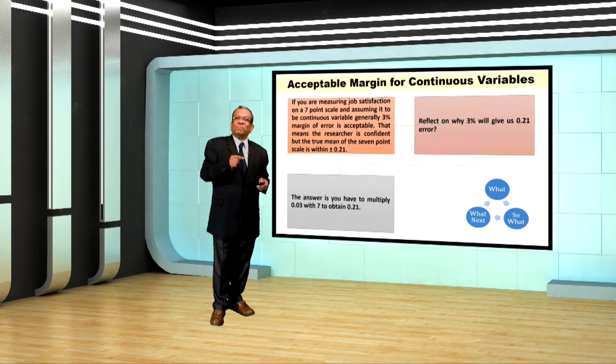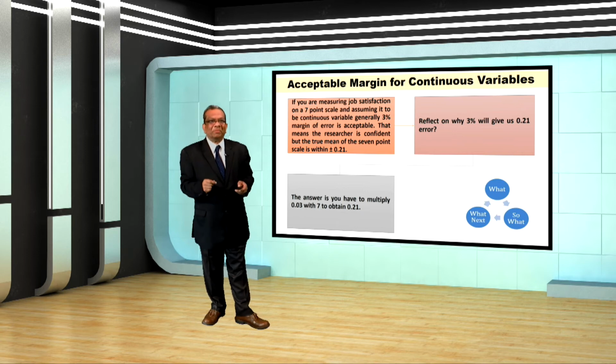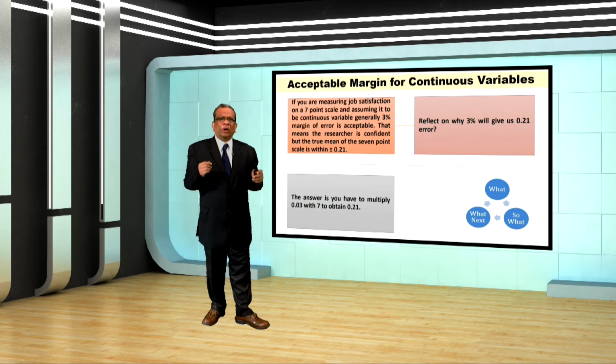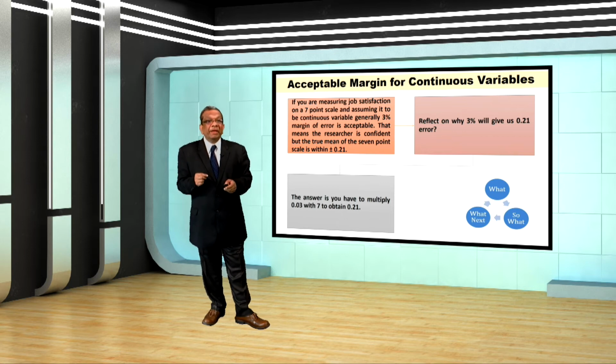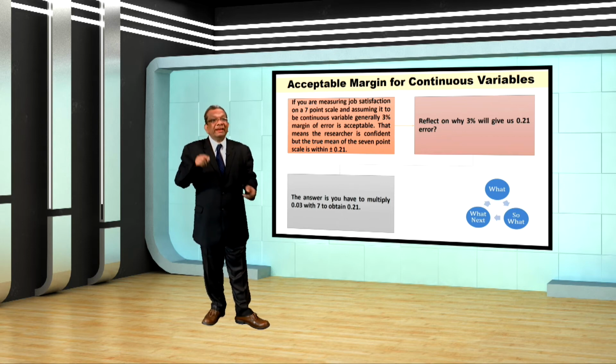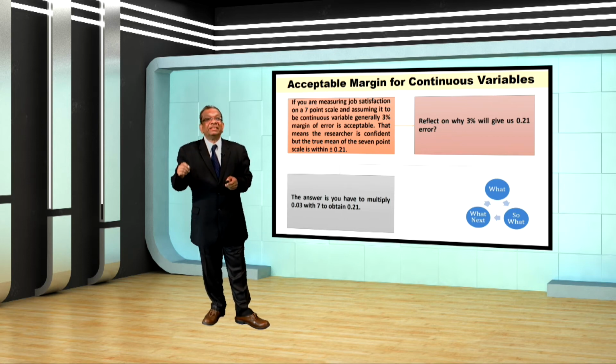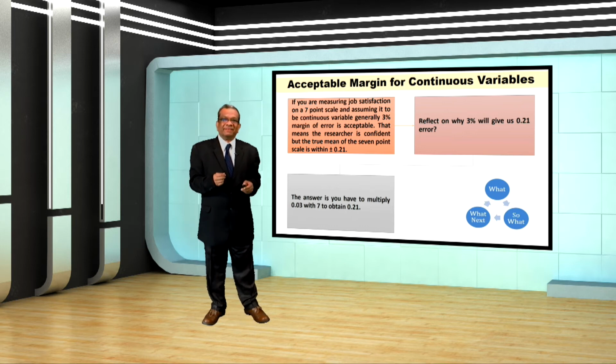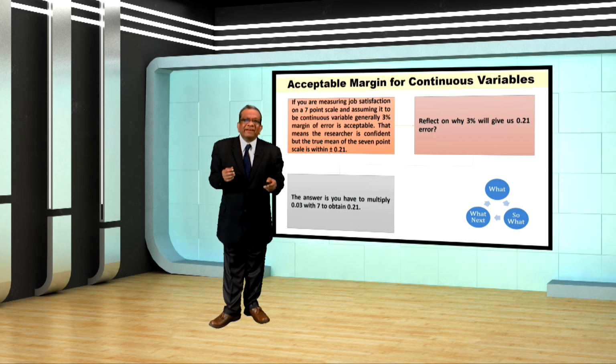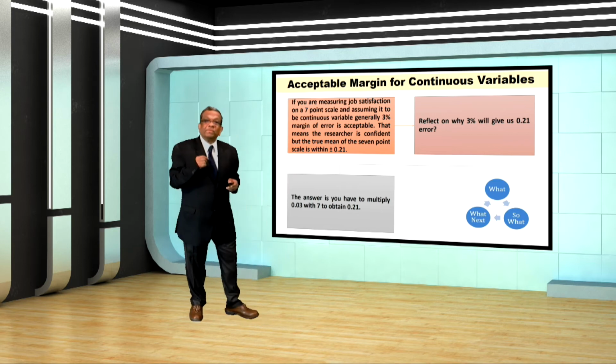Now, acceptable margin for a continuous variable. If you are measuring job satisfaction on a 7-point scale and assume it to be a continuous variable, generally a 3% margin of error is acceptable for continuous variables in social sciences. That means the researcher is confident that the true mean of the 7-point scale is within plus or minus 0.21.